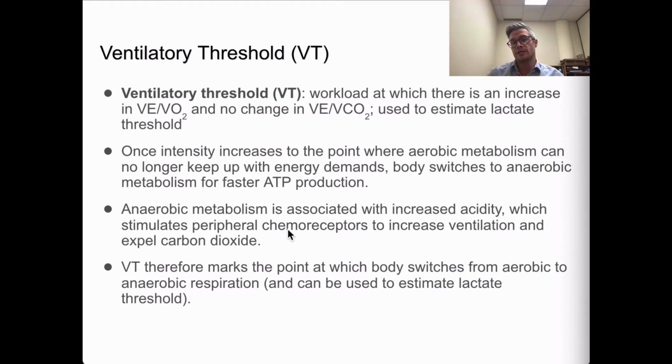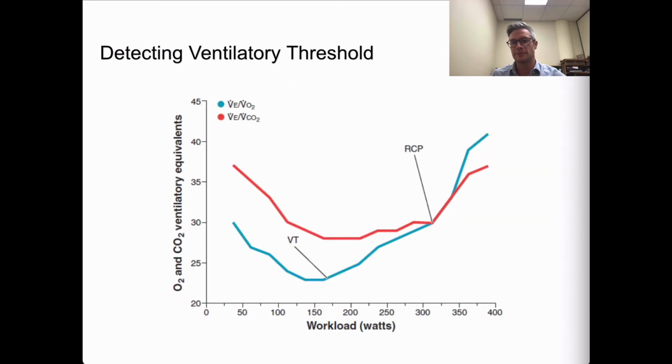Remember, carbon dioxide builds up once we start relying on anaerobic metabolism. Therefore, our ventilatory threshold, or VT, indicates the point where our body switches from aerobic and starts utilizing anaerobic respiration to quickly make a lot of ATP for us, because our aerobic system is falling behind based off of our workload.